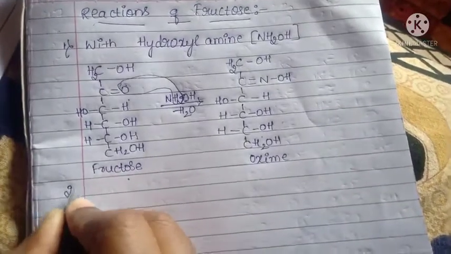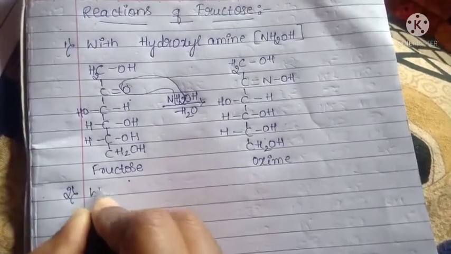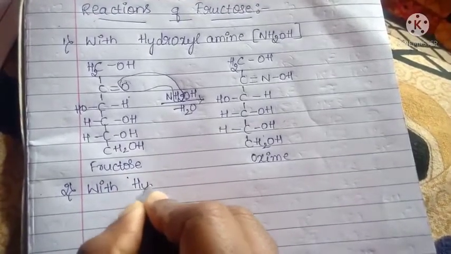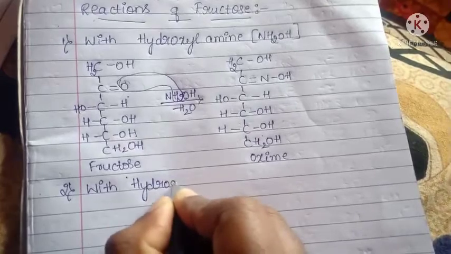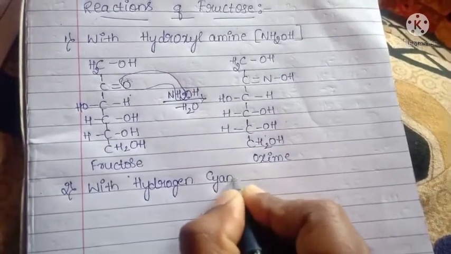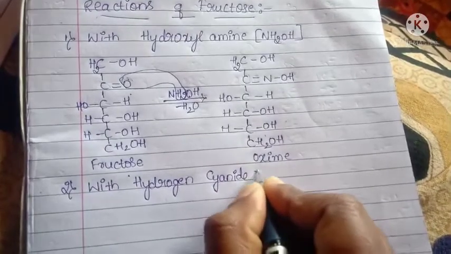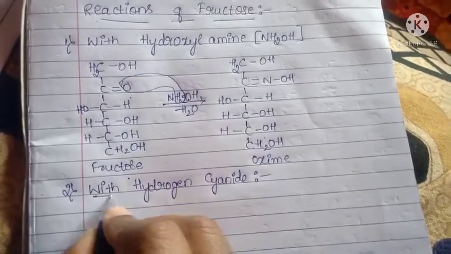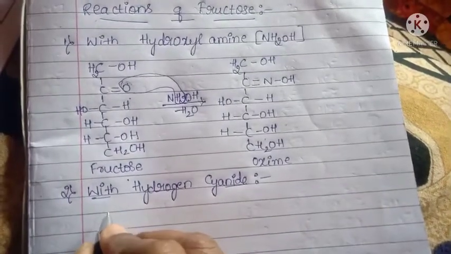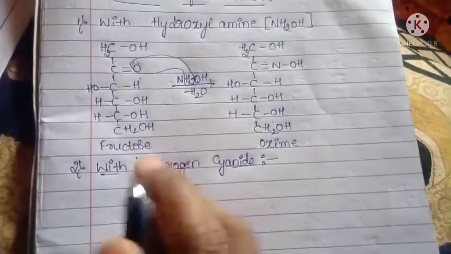Next, the second one is with hydrogen cyanide, HCN. What is formed? It forms a cyanohydrin.